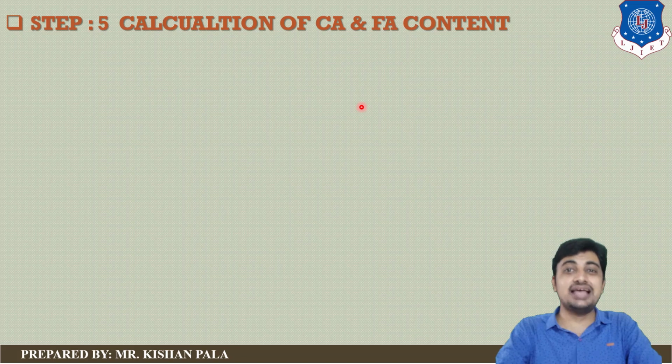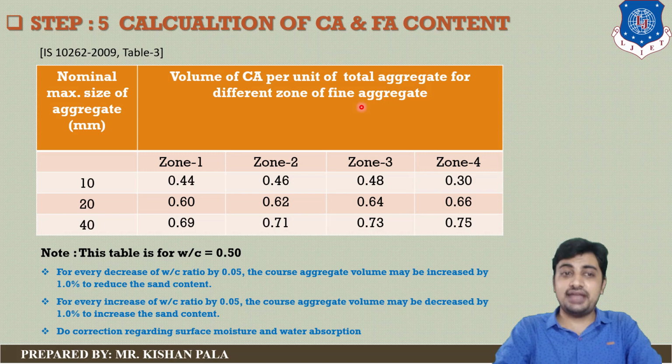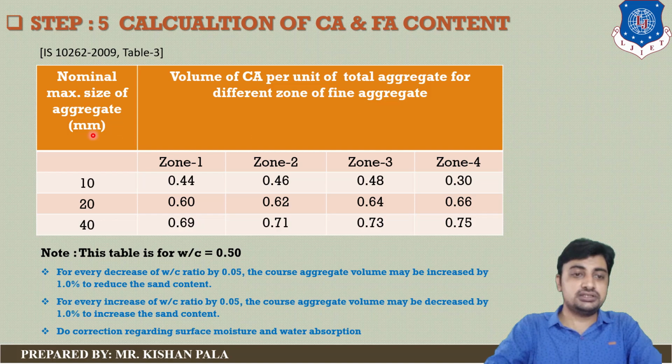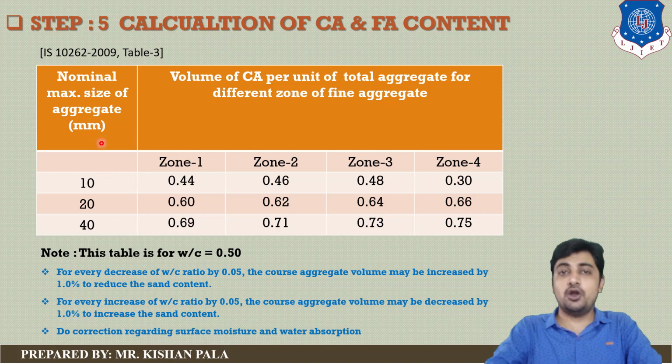So aggregate is an essential part of our concrete mix, and you can see in the table given in Indian Standard 10262 2009, table number 3, the first column shows the nominal maximum size of the aggregate for 10, 20 and 40, and these columns show the volume of coarse aggregate per unit of the total aggregate for different zones of fine aggregate.